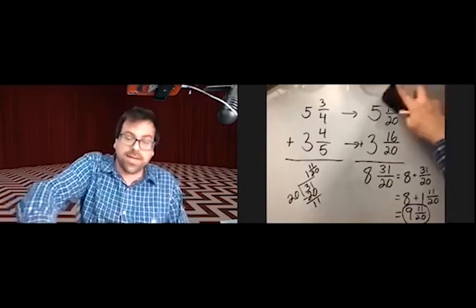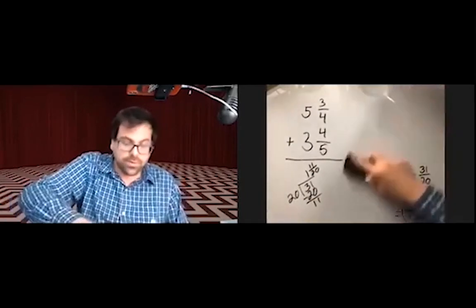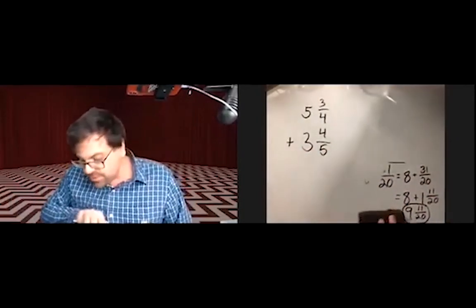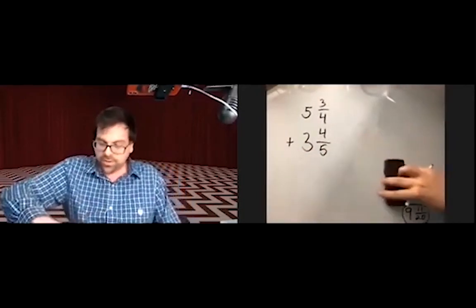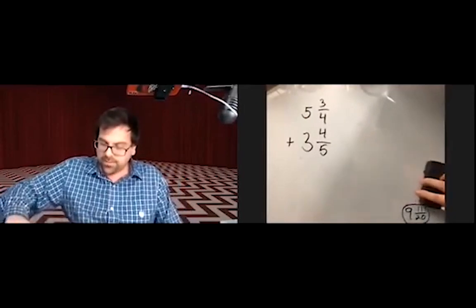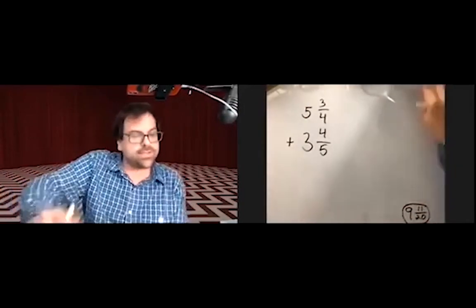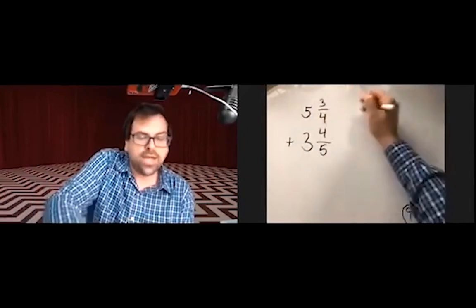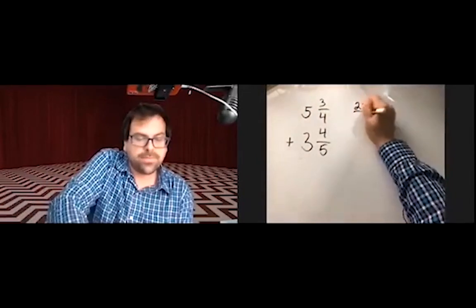This does not become an issue if you take it to improper fractions first. So if you're choosing to do it that way, that work would look like this. 5 3/4 would be 23/4.